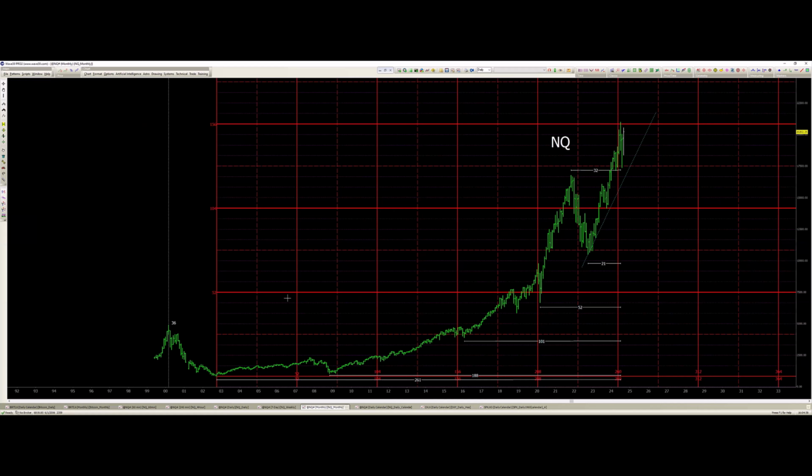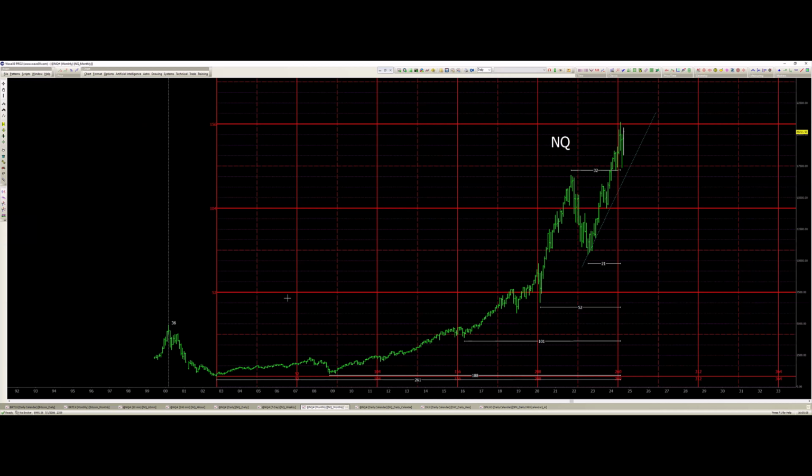Anything you want to add on the NQs? Well, I just can't imagine this. It just doesn't look like it's ready to go. But if it does, ready to make new highs, just looking at the pattern, then we'll have a hell of a lot more to go. Because we were up square and a half from the low in 22. And from the lows we made in 2020, we ran up square and a half before turning back, correcting an entire square.